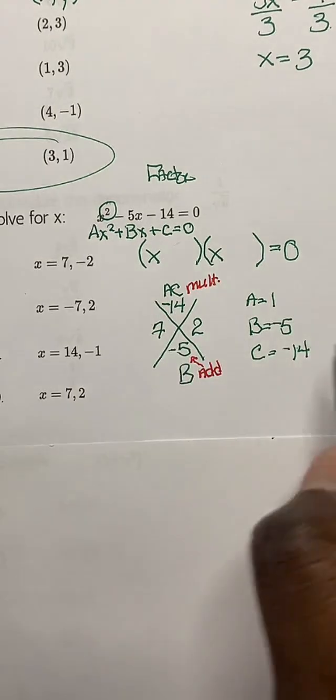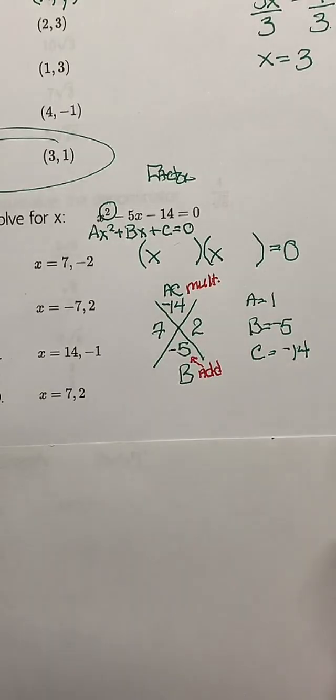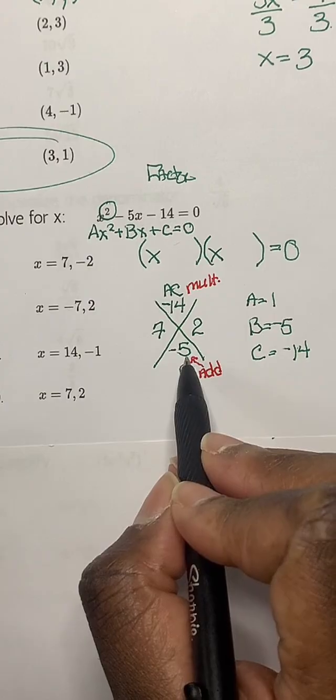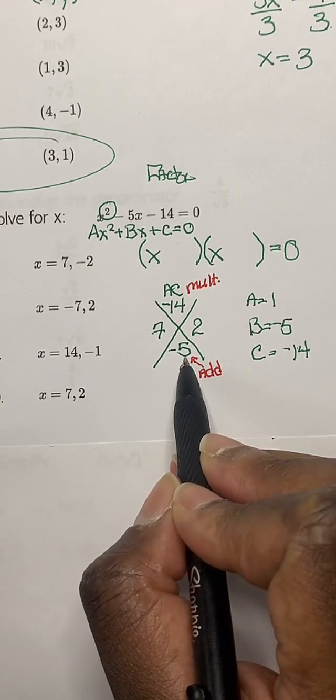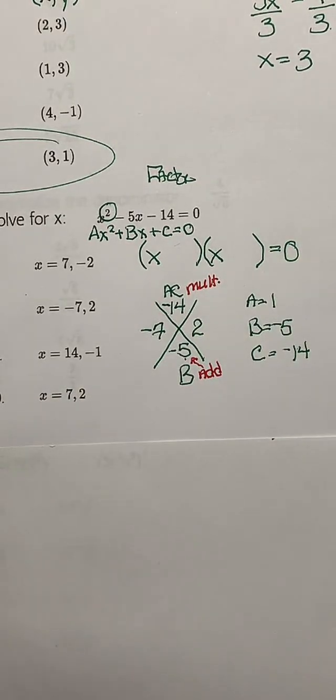That will give us 14, but we need a -14, so one of them has to be negative. This is how we figure out which is going to be negative. Because when we add these two numbers together, it needs to give me this b value, -5. That's why the 7 is going to be negative.